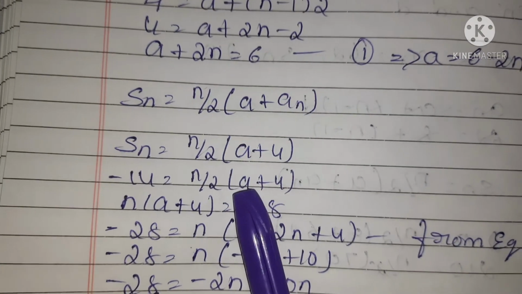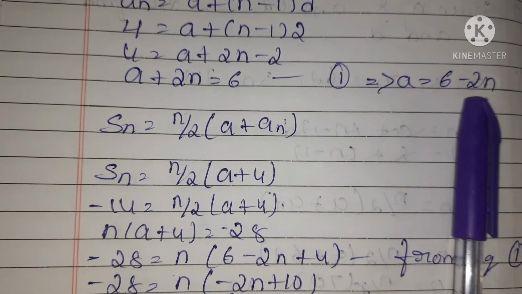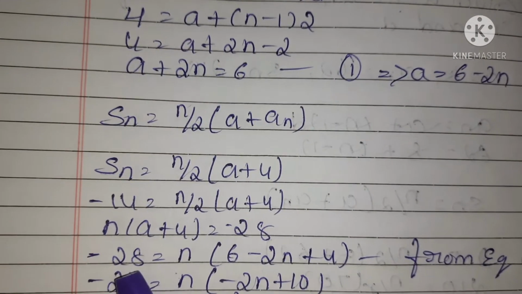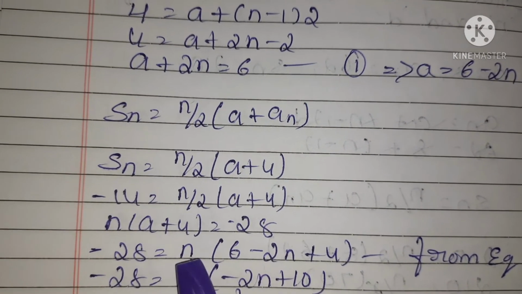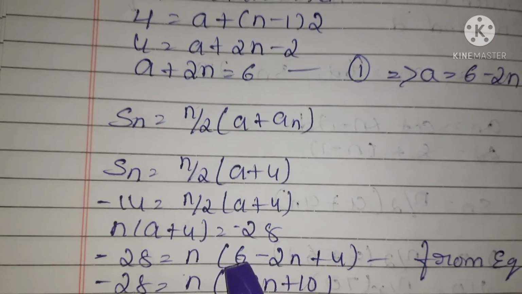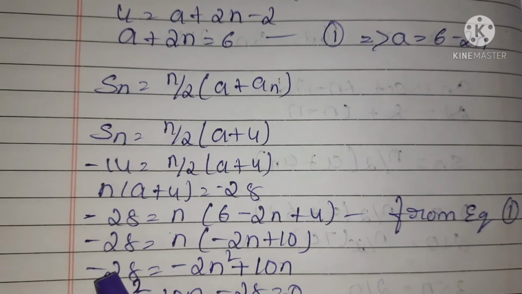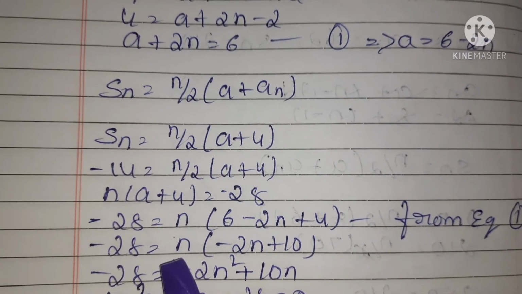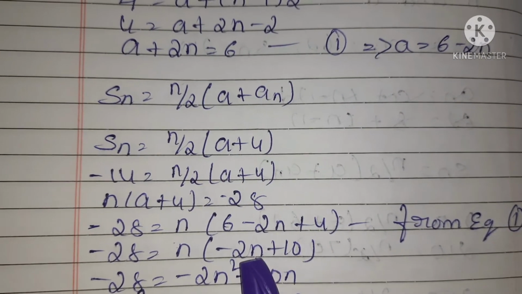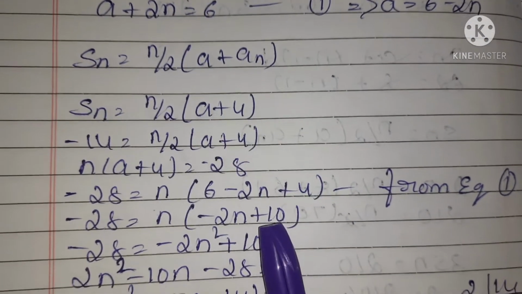Now in this A place, substitute this value 6 minus 2N. That is minus 28 is equal to N into, in this A we are substituting this value 6 minus 2N, plus 4. Now minus 28 is equal to N into minus 2N plus 6 plus 4 is plus 10.